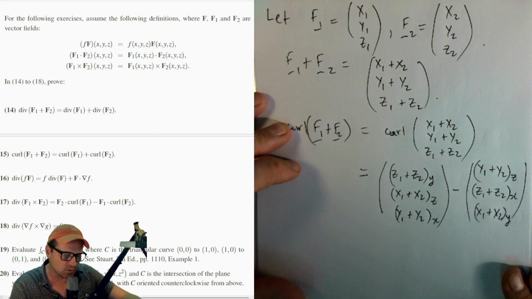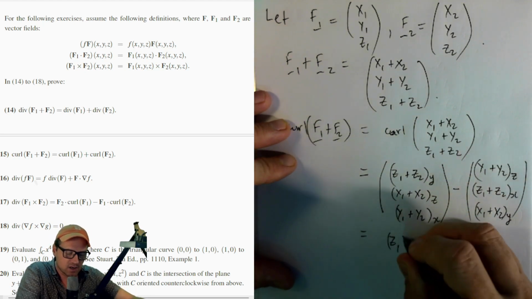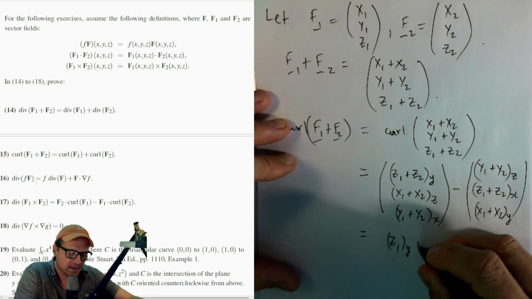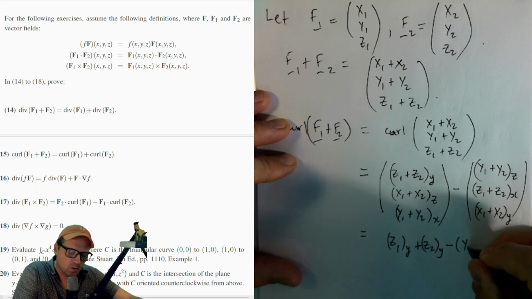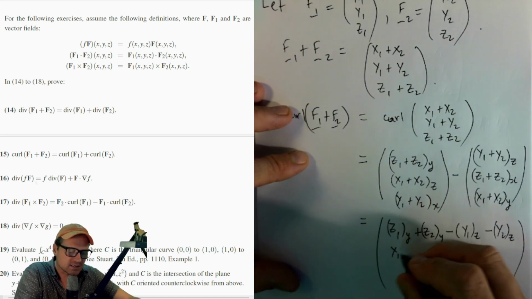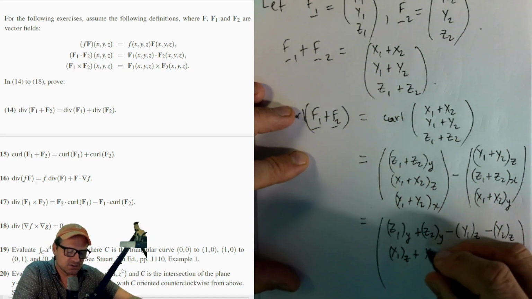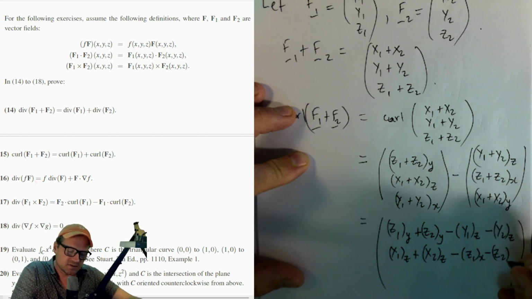Okay, and so now we can express this as z1 subscript y plus z2 subscript y minus y1 subscript z minus y2 subscript z in the top row, x1 subscript z plus x2 subscript z minus z1 subscript x minus z2 subscript x.